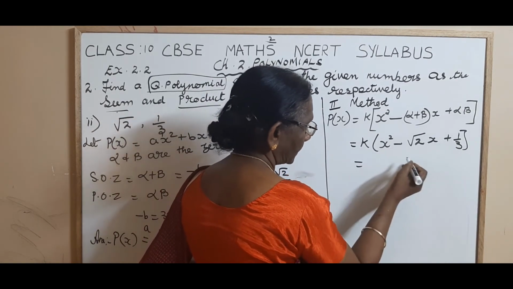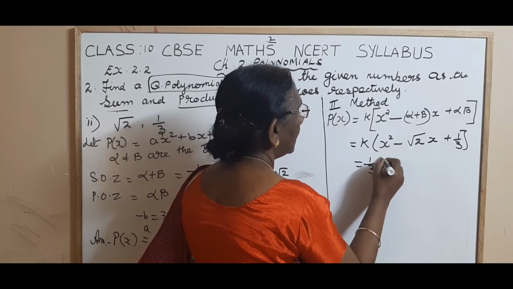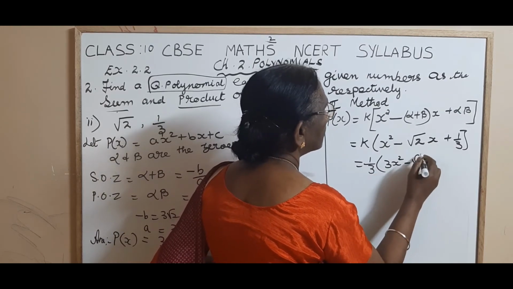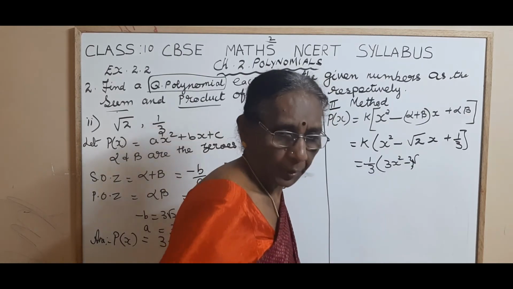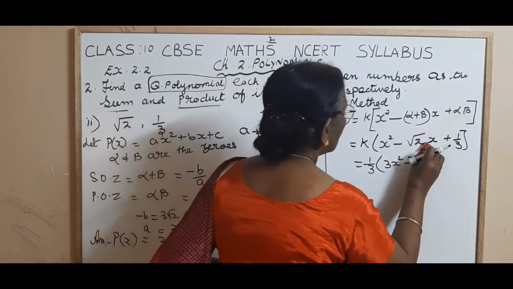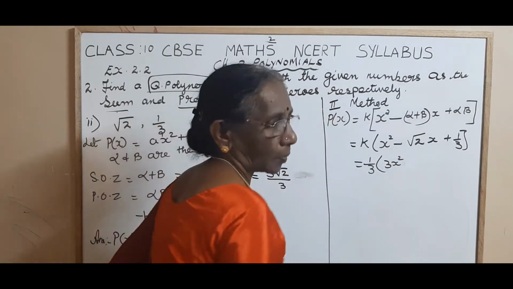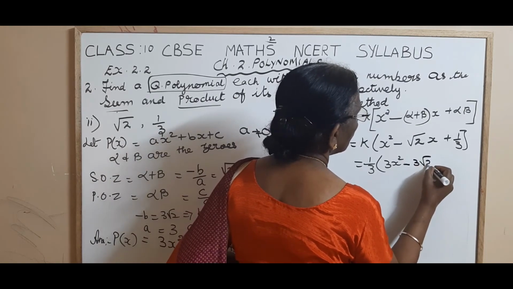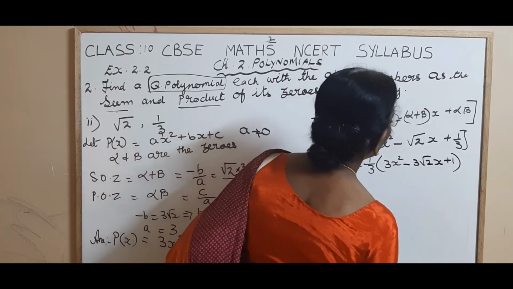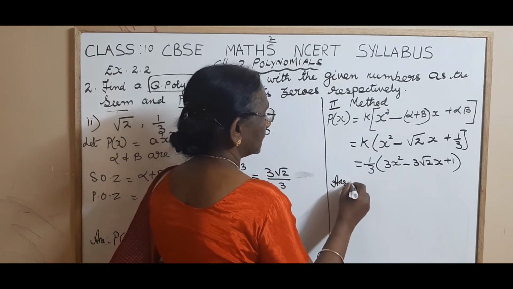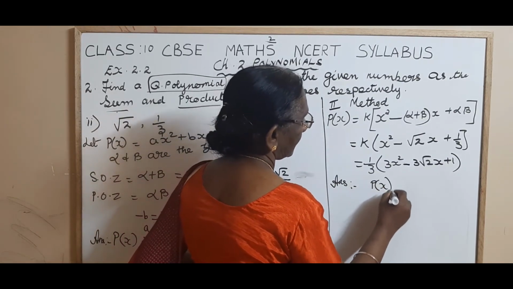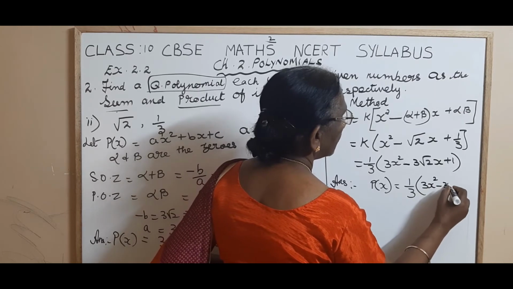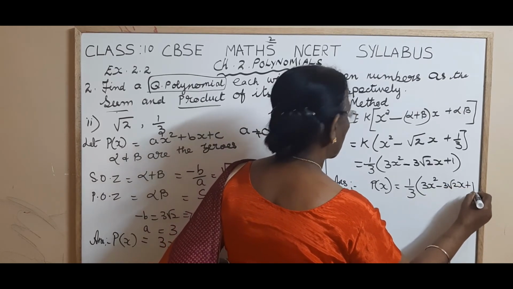If you take 3 as the LCM, 1 by 3 will be outside: 1 by 3 into 3x squared minus 3 root 2x plus 1.